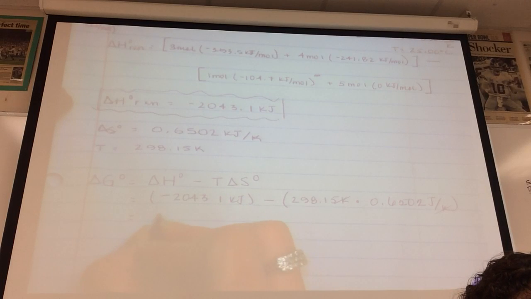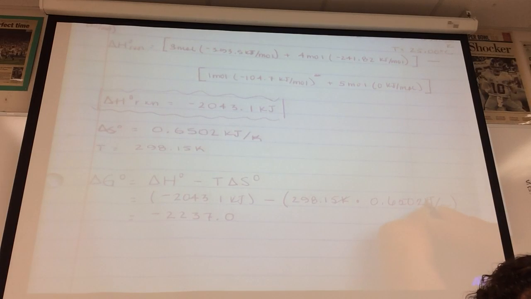And we have negative 2,237.0. This should be kilojoules. I put the correct number in, but I had the unit cockeyed. Do you see it there? I just wrote it wrong. And that's kilojoules.